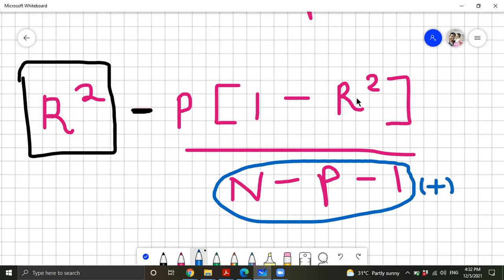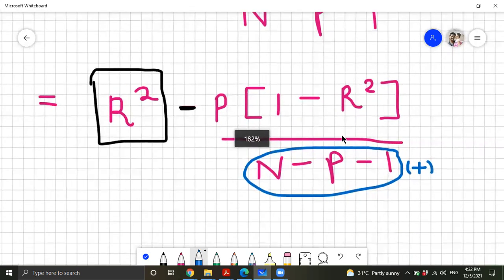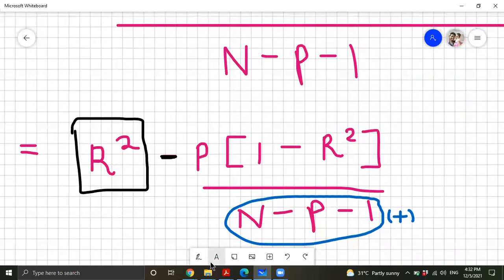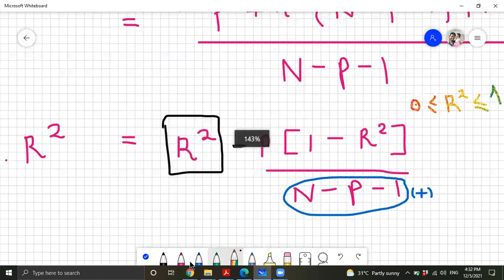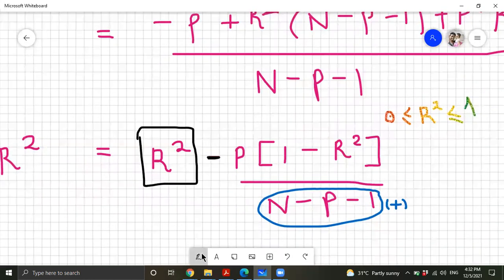And I told you in the previous video that r squared is generally between what range? Tell me, guys. R squared is basically between 0 and 1, right? We have seen this in the previous video.